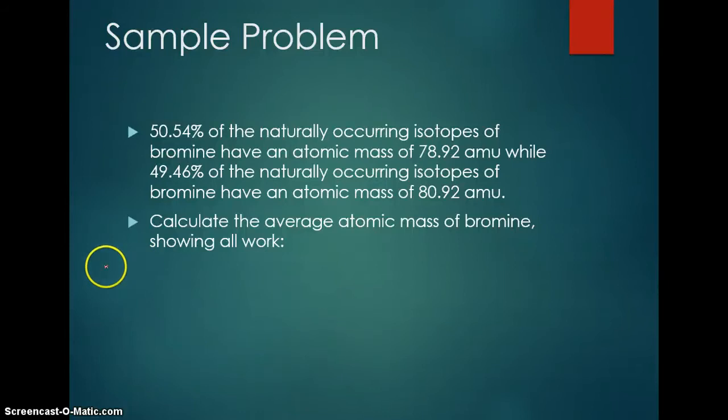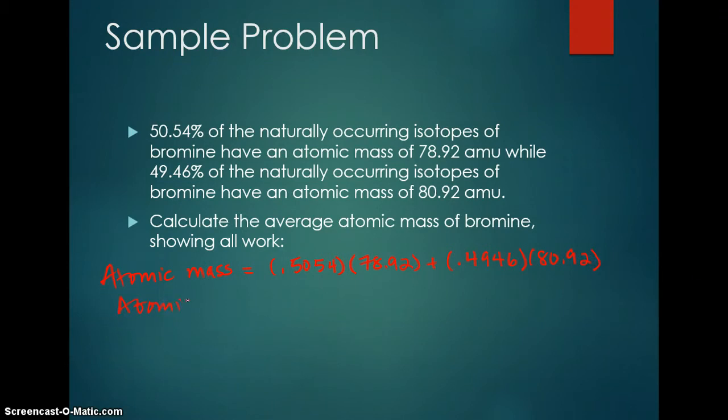So the atomic mass is equal to that 50%, 0.5054, times that isotope, which is 78.92, plus the 0.4946 times 80.92.